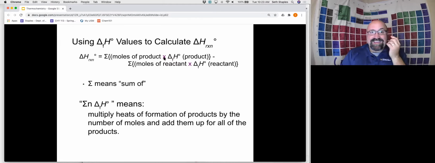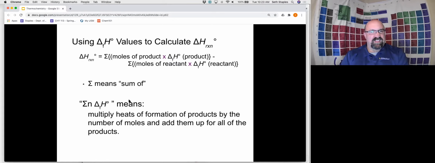So to find the enthalpy of a reaction, take the heats of formation of the products minus the heats of formation of all the reactants. You also have to take into account the number of moles from our balanced equation. We'll see what we mean by that in just a second.